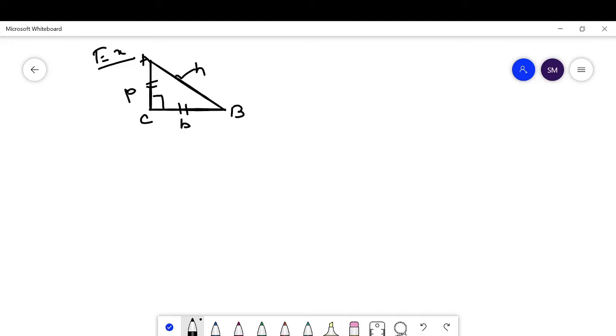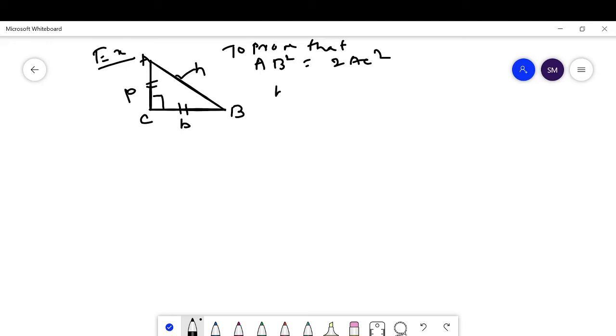We have to prove that ABC is an isosceles right triangle with the right angle at C, and that AB square is equal to 2AC square.